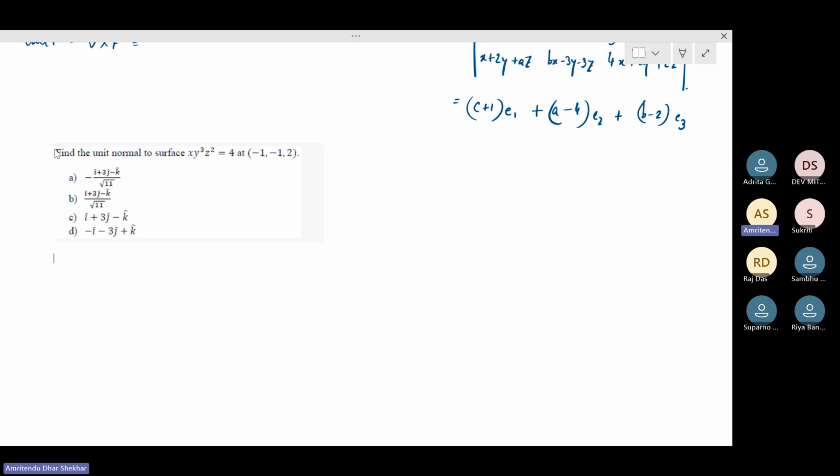So if you have a function f from R3 to R, we discussed the conditions under the regular value theorem when f inverse of 0 is a surface. Okay, so in particular, it will be a surface if and only if 0 is a regular value.